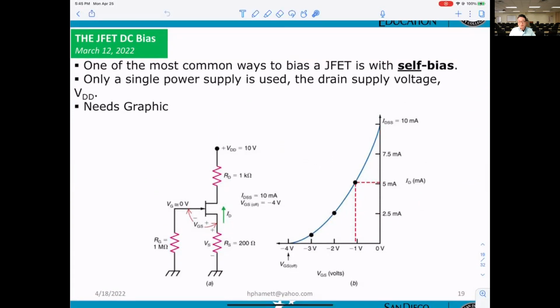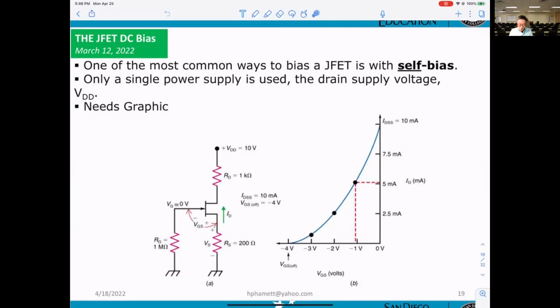However, in order to do it, you have to recognize what type of bias the circuitry is. In the second one here, they call it self bias. You see the difference. The self bias doesn't have any voltage here. No more voltage.